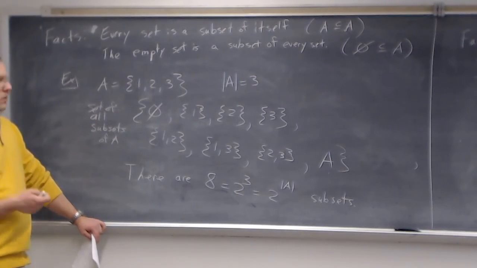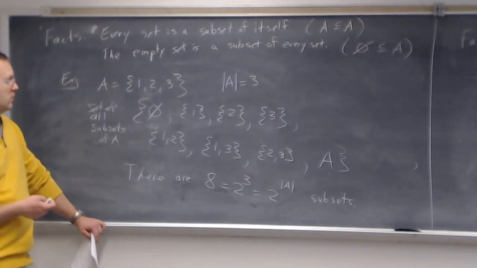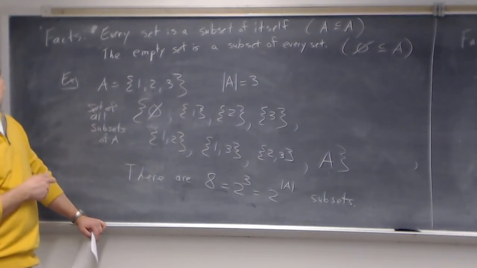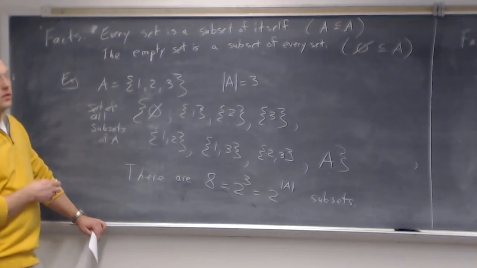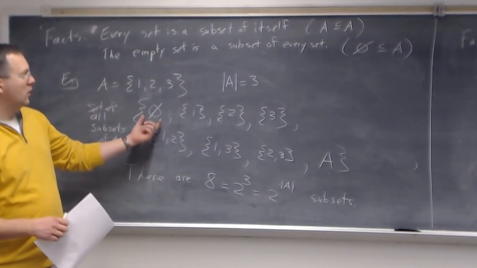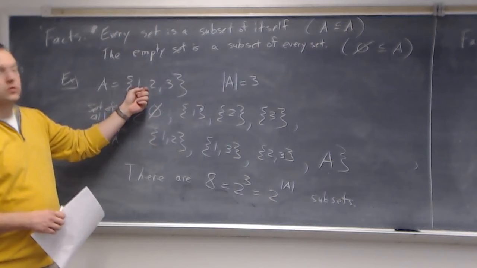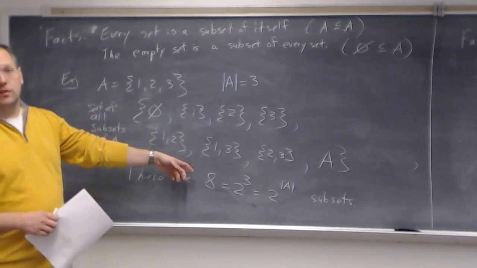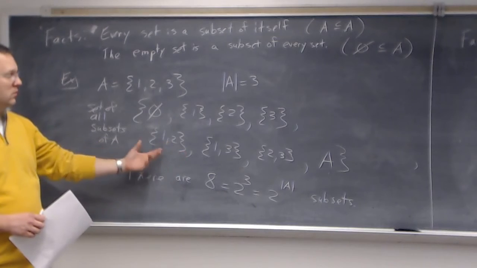So the set of all subsets of A isn't a subset of A? No, the things inside the set don't even look anything like those, because now the elements of this set are subsets. They're not numbers like 1, 2, and 3. But A is a subset of this one because A is a subset of itself.